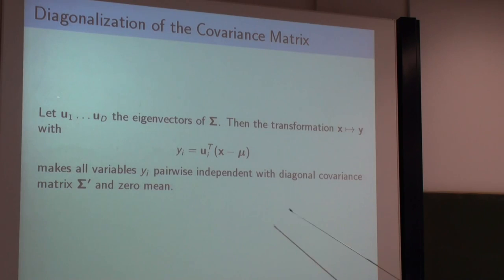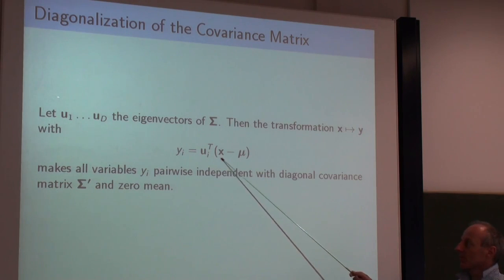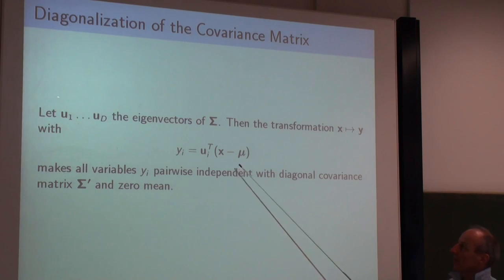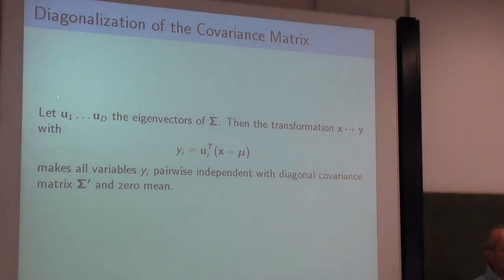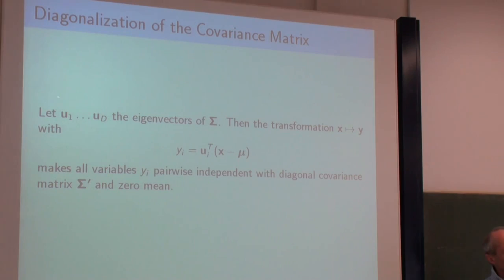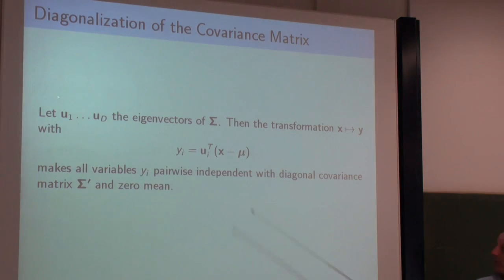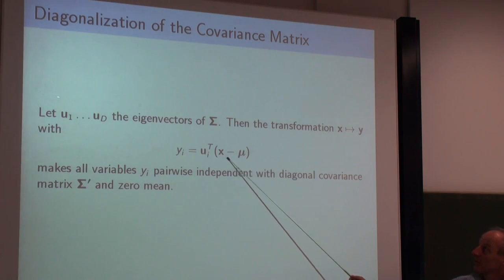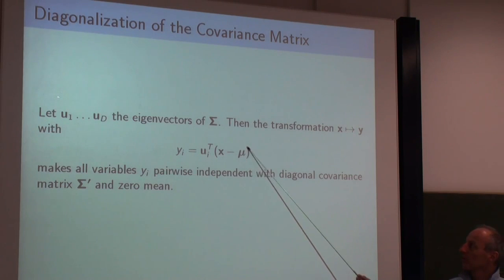And this is a very important transformation, because if we apply this transformation, two things happen. First, we have a shift of our distribution. What we get is we subtract the mu, the mean. Mu is the expected value of our Gaussian.